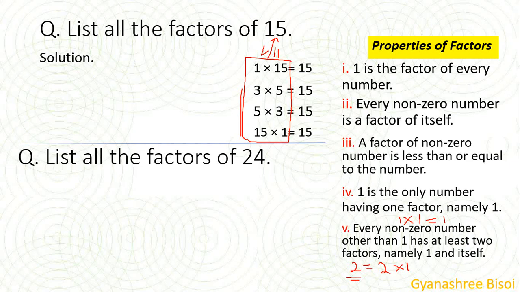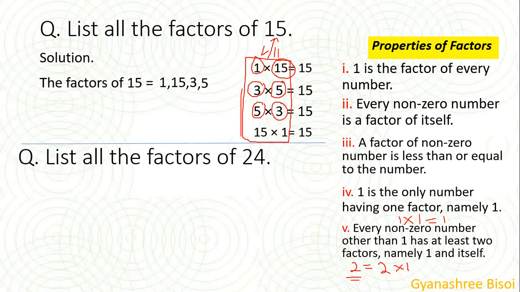So here we find the factors of 15. All the factors of 15: 1 is a factor. Then what's the next one? 15 is also a factor, so I will write 15. Next, 3 is a factor, so I will write 3. Next one is 5, a factor. Next one is 5 again; as I have already taken 5, I will not write it again.